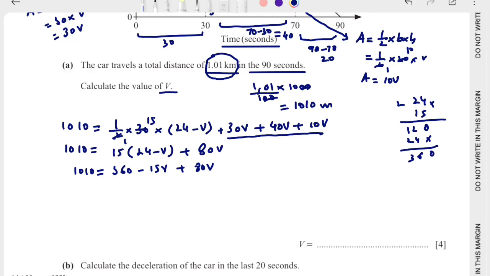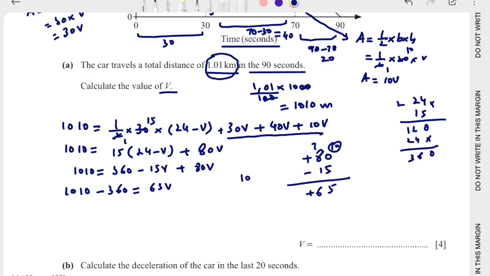Now 1010 minus 360 is equal to 80 plus 80 minus 15, which will be, we have to take one carry, it will be 5, 7 and plus 65, so plus 65v, and we'll subtract 1010 and 360.